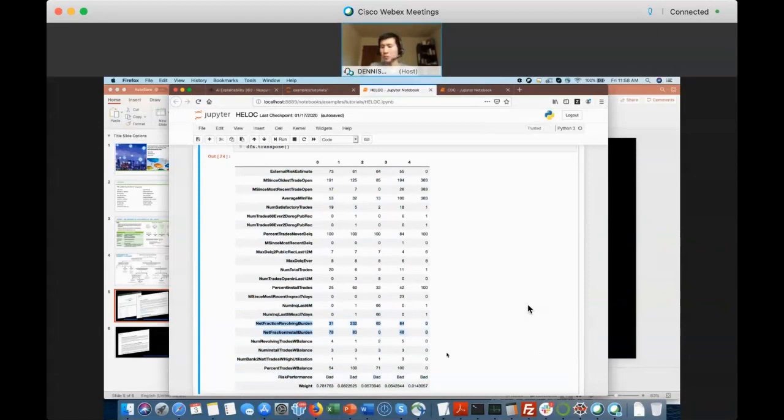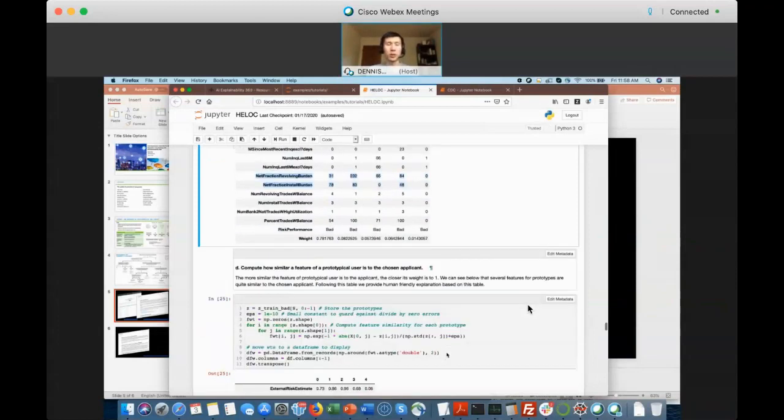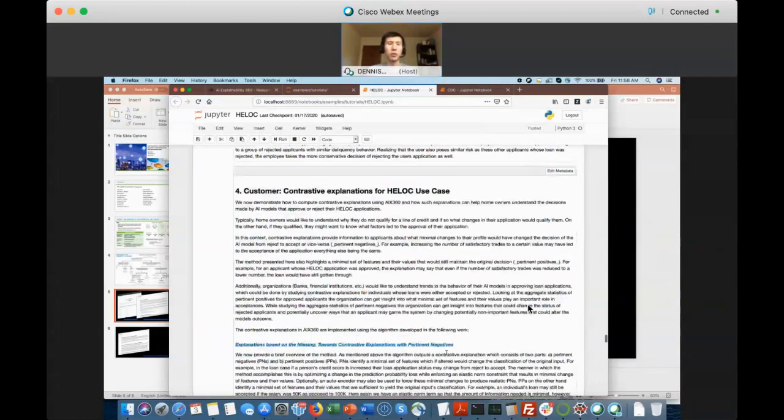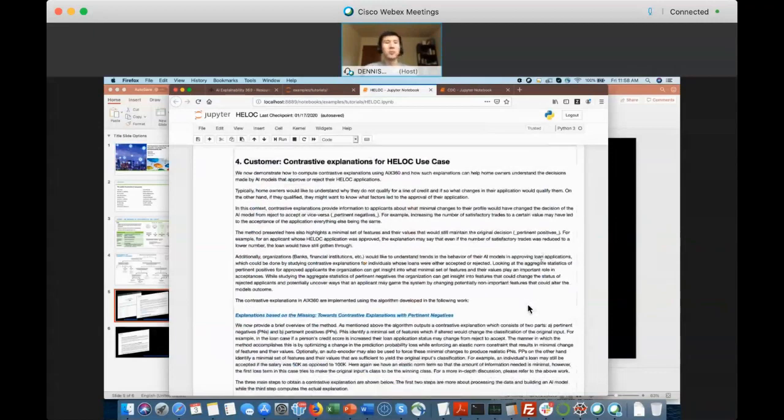So I think that's what I want to say about the loan officer. That was the second user that we illustrate through this Jupyter notebook. Let me go now to the third one in the time that I have remaining.